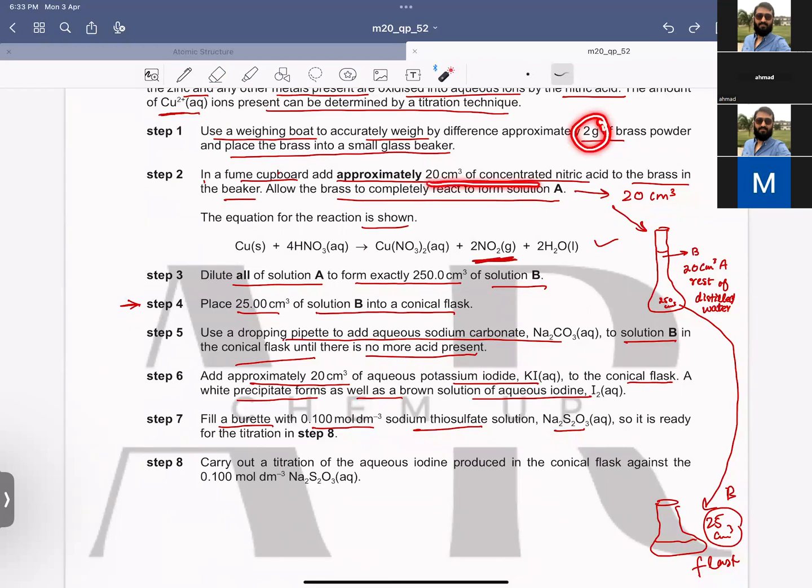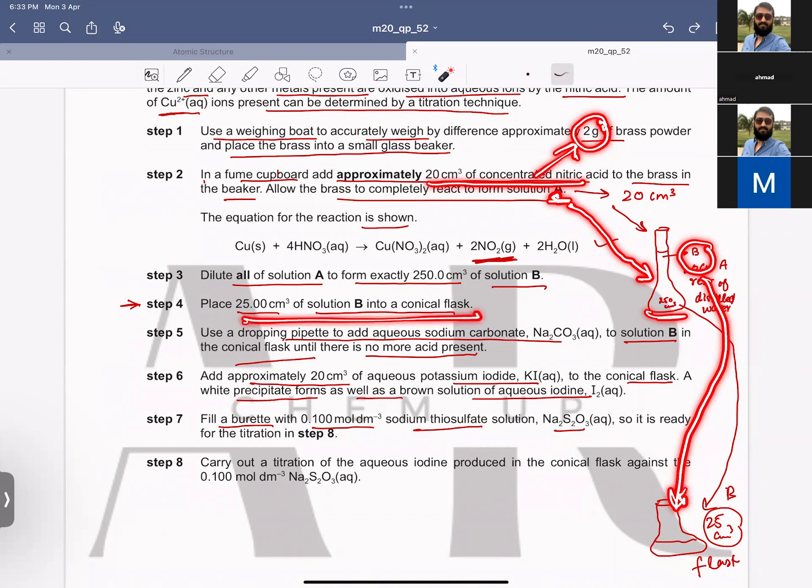And then we added 20 cm³ of nitric acid, which makes solution A, and that solution A is diluted to 250 cm³ to make solution B, and this would be transferred in 25 cm³ into a flask. See over here till step 4.